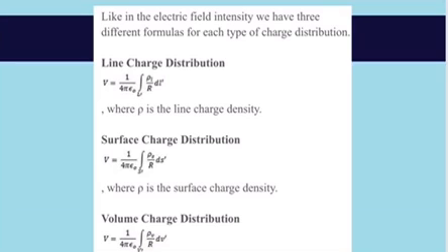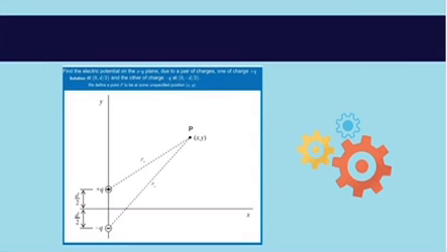Next, we have: find the electric potential on the xy plane due to a pair of charges, one of charge positive Q, and the other of charge negative Q. We define a point P to be at some unspecified position.